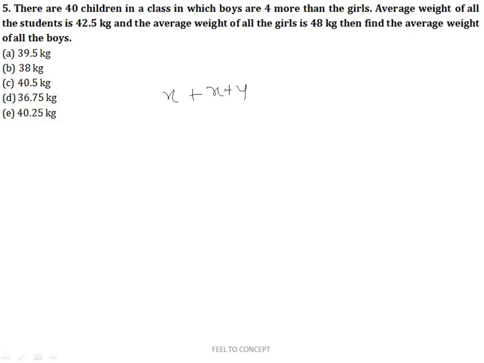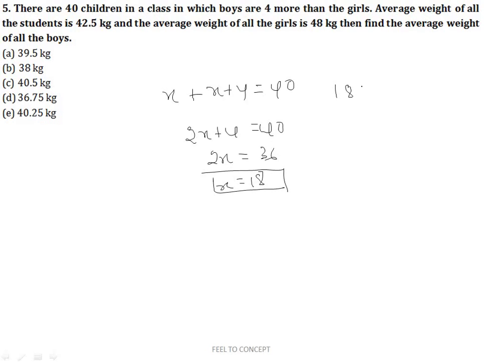The total number of students is 40, so 2x plus 4 equals 40. 2x equals 36, x equals 18. The number of girls is 18 and the number of boys is 22.